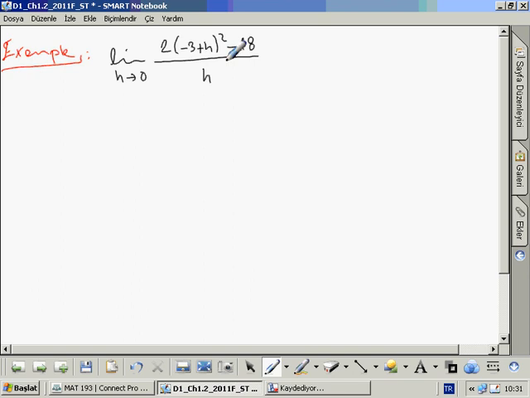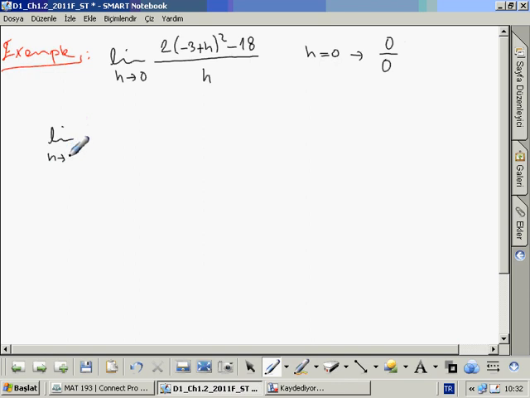Also in this case, when h equals 0 and you put in 0 values, you will obtain 0 over 0 again, and factoring is not really an option. However, there is still some simplification that we can do, we must do, okay? And let me write it.